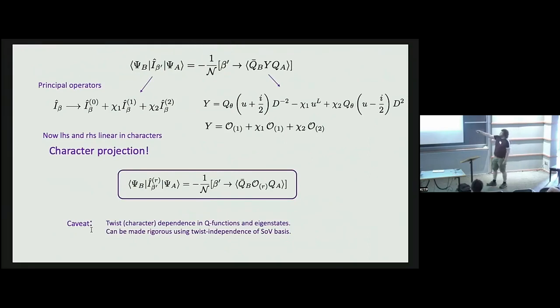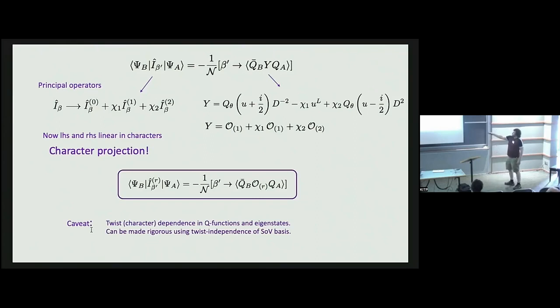So this is the expression we have. On the left-hand side, I expand the integrals of motion into the principal operators, which I remind you were just the coefficients in the character expansion of the integrals of motion. On the right-hand side, I replace the y, again, in terms of its explicit expression, which had difference operators. So q theta, d to the minus 2, and then I have chi1, and I have this chi2 term here.